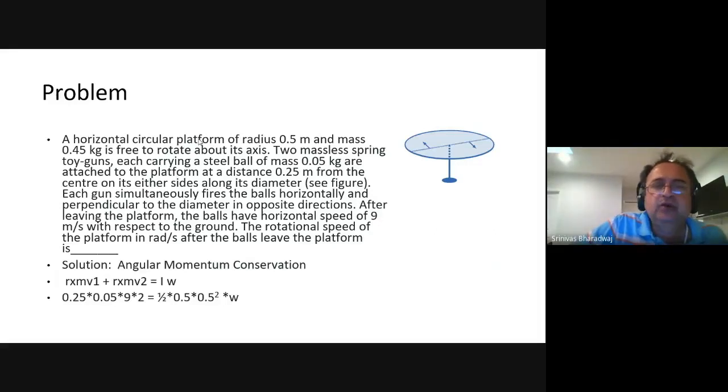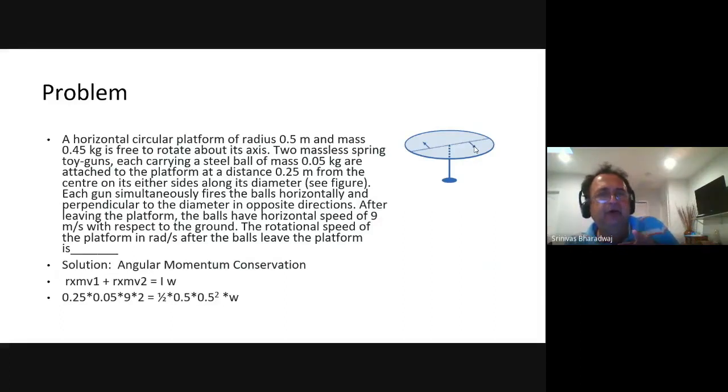Okay, two massless spring toy guns, toy gun 1, toy gun 2, each carry a steel ball of mass 0.5 and attach to the platform on either side, right? Each gun fires simultaneously, so it imparts an mv, right?